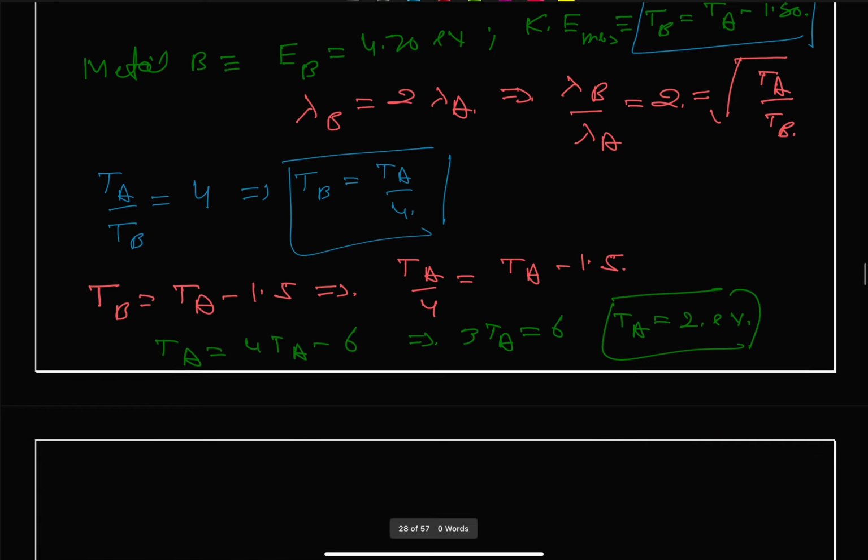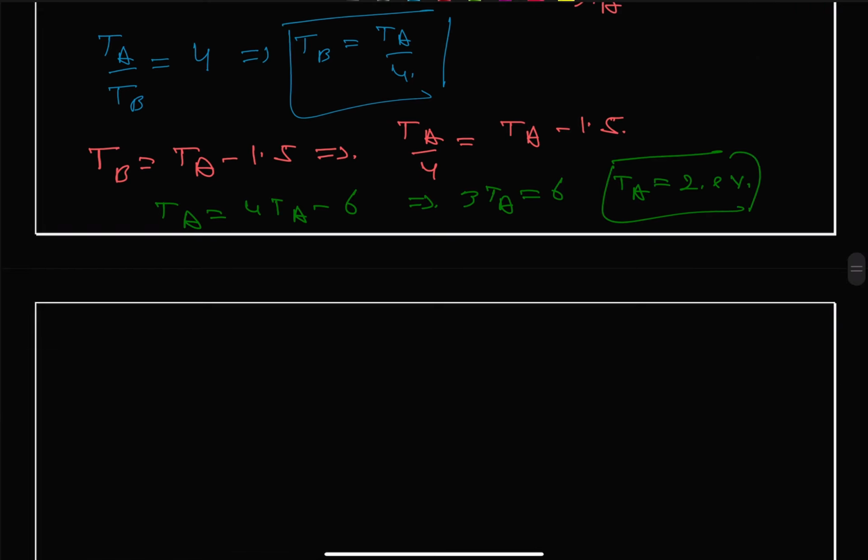Now we can easily find out our TB. So we can say our TB is equal to TA by 4, that is 2 by 4, which gives us 0.5 electron volt.